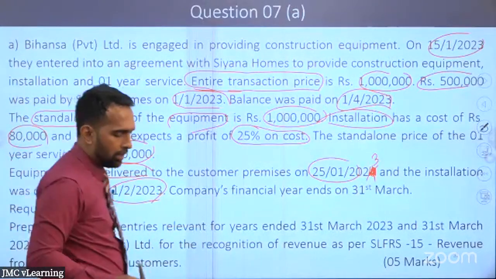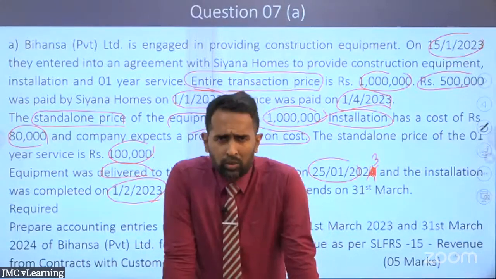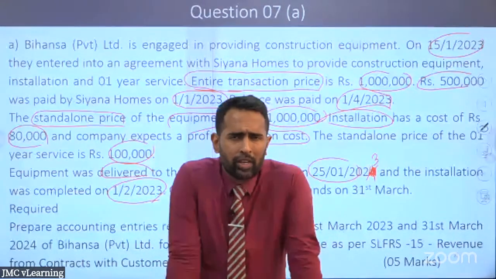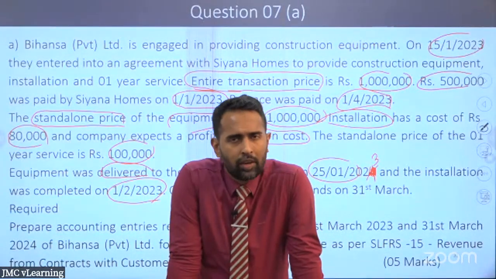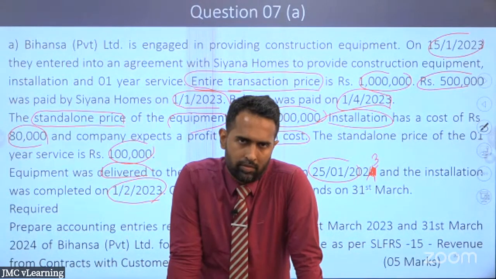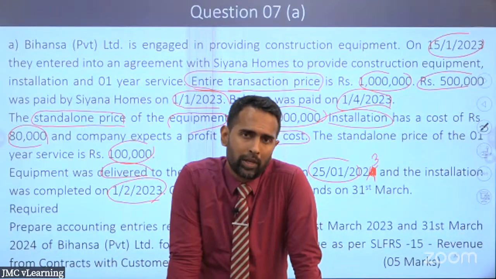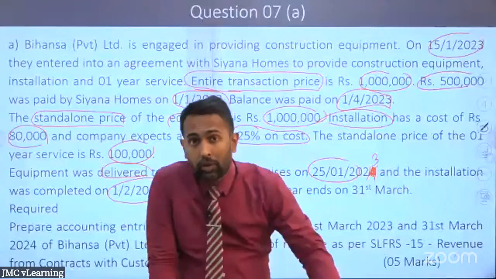Now there's a company who is providing construction equipment and they do the installation and the 1 year service. If you take all of them together, it's 1 million, but they have separate prices as well. So if you take the equipment alone, it has separate price of 1 million.